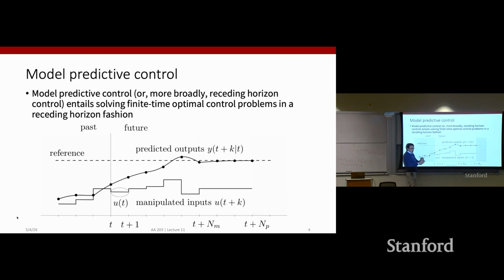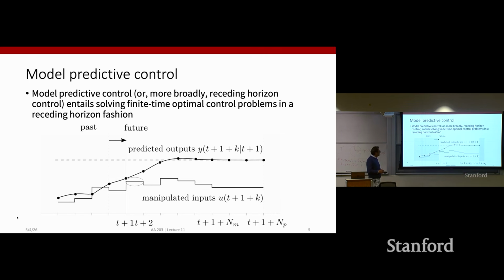So far, this is just open loop optimal control. But then what MPC does is to use only the first control, which makes the system transition to the new state or output at time t plus 1. And then you completely discard everything else that you computed at the previous planning cycle. And you recompute everything from scratch, but now starting at a new state at time t plus 1.